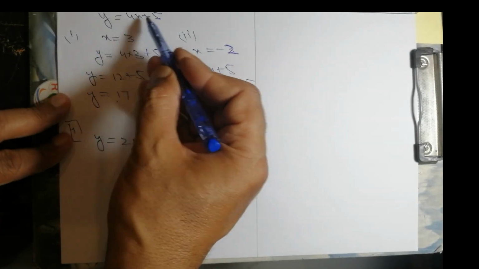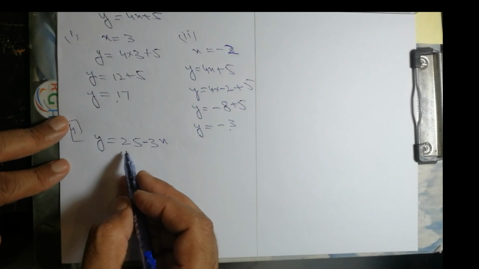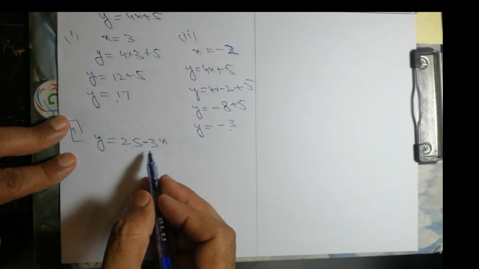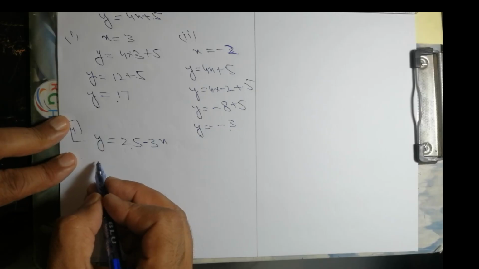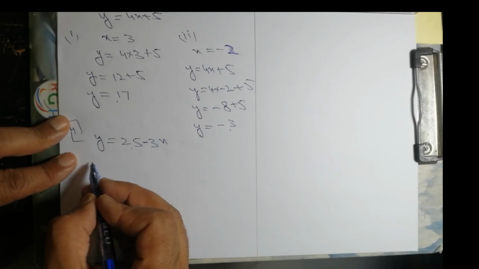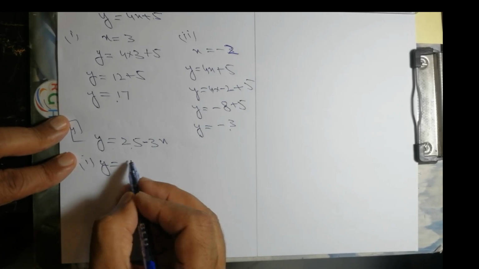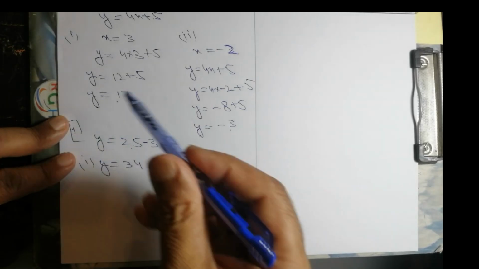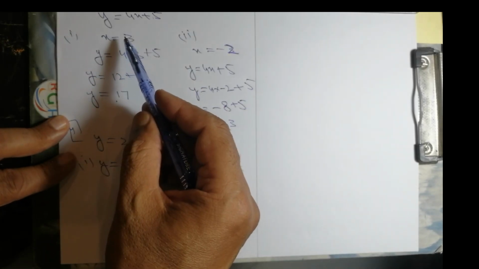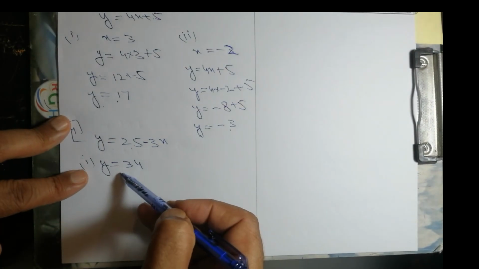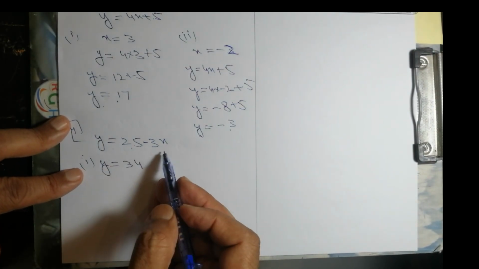These are the same equation, just the arrangement of writing is different. So this is a function and we need to find the value of x. In part 1, the value of y is given. In question 3 the value of x was given and we found the value of y, but here the value of y is given and we need to find the value of x.